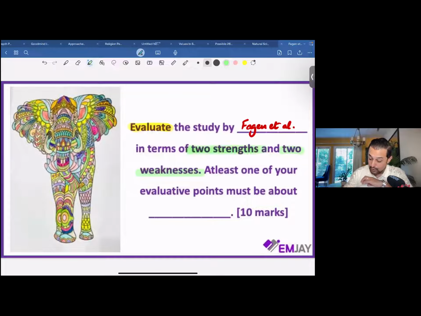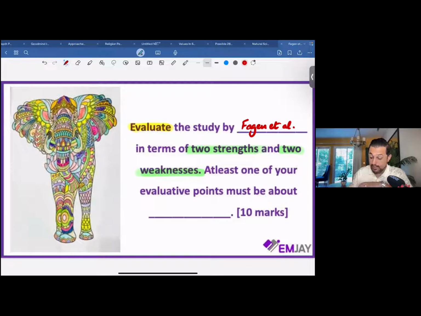However, the examiner is compelling us to evaluate this particular study by the usage of one particular strength or weakness that the researcher might himself or herself add on to this.